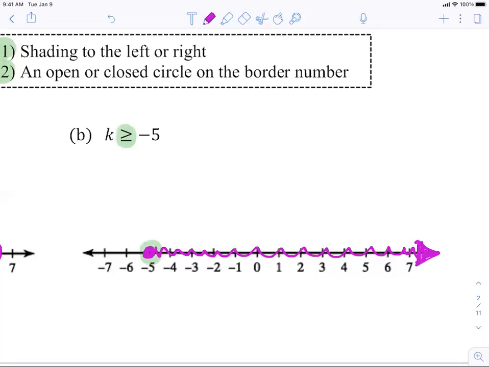So when you fill in that circle, it's kind of a way of also saying you can be equal to -5. Because if I plug that in, -5 is totally greater than or equal to -5. If you take away the or equal to part, then that actually wouldn't be true. That's why we would have put a closed circle there. But in this case, since it's a greater than or equal to symbol, that's why you would have had the closed circle.